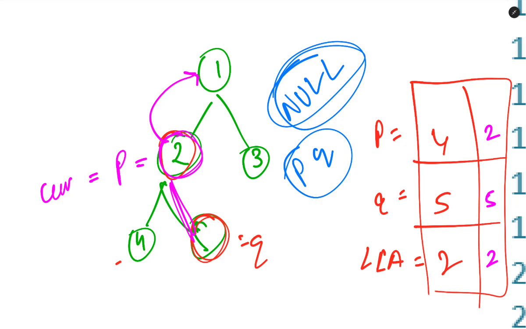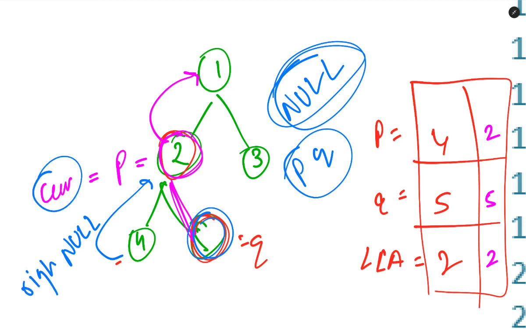Okay, so for example, here this returned null, here this returned null. So if current is equal to 2, then the right child of 2 would have received null, and the left would have received 5.